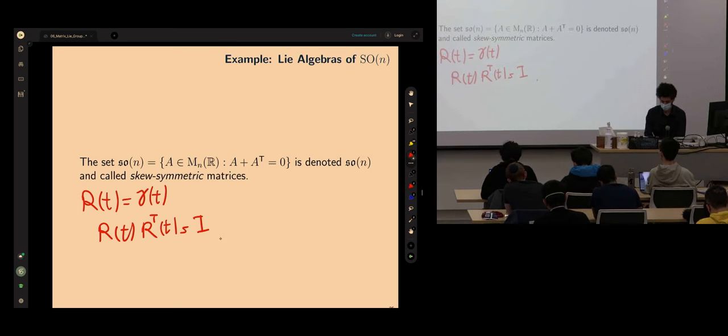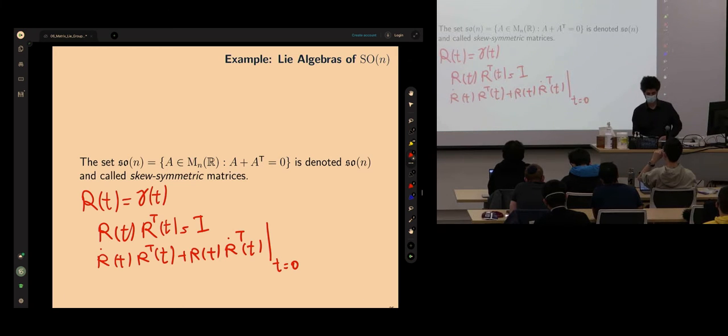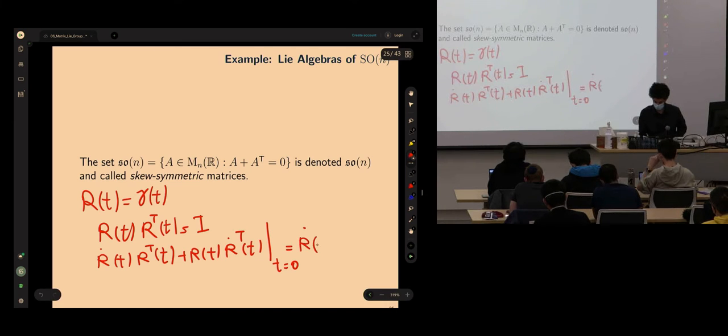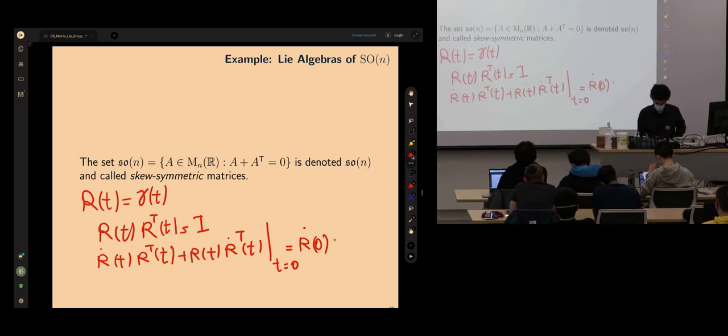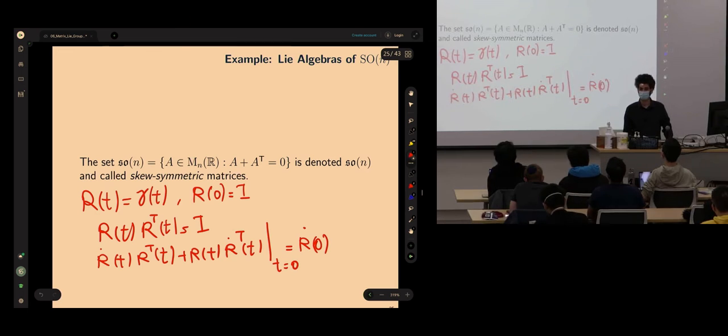If I take the derivative of the rotation matrix with respect to t, and then evaluate it at the identity, t equals 0, my path goes through the identity at t equals 0.